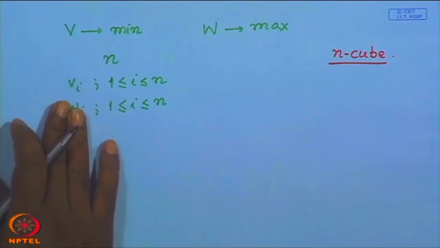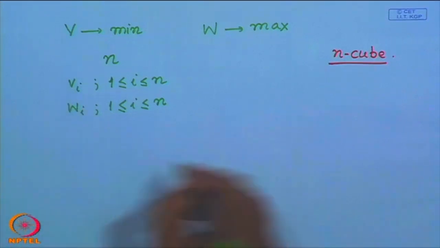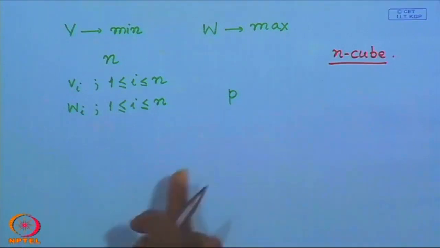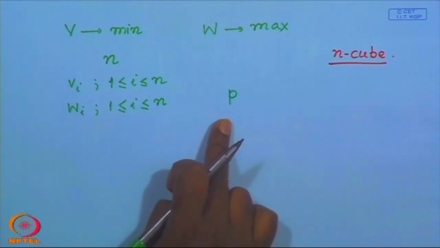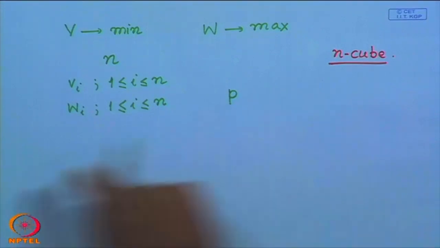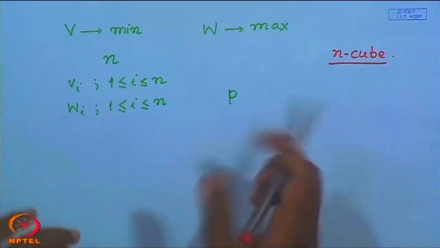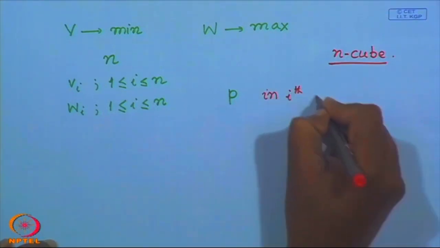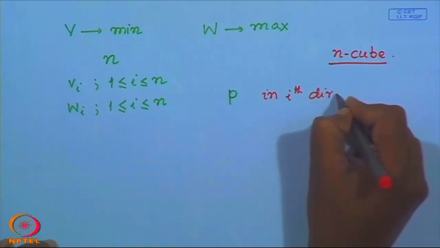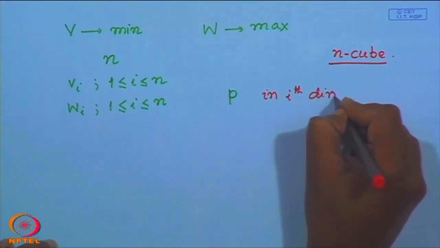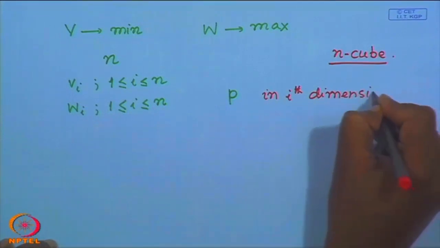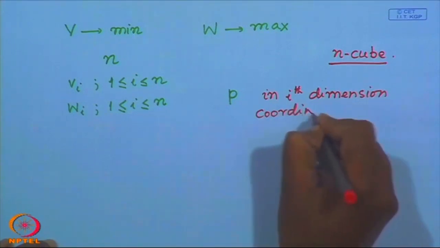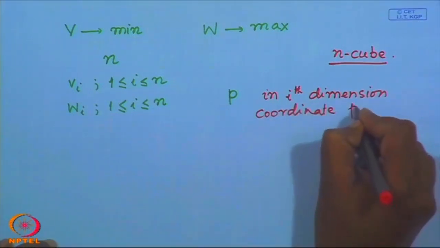Once I have defined my mean point and max point, now suppose I have a point P. In the ith dimension, or ith direction, the coordinate of this point P is Pi.